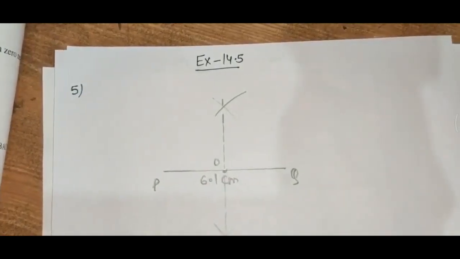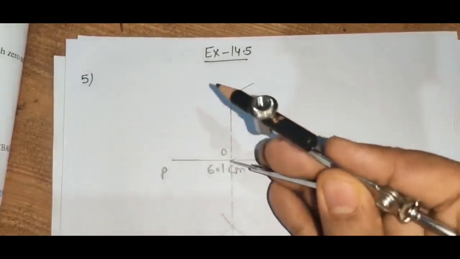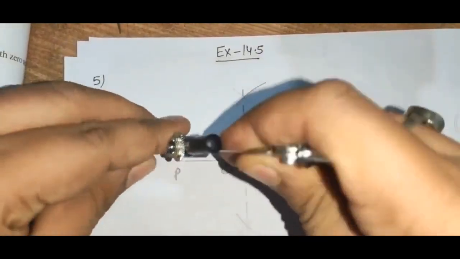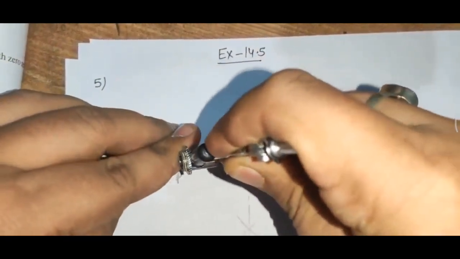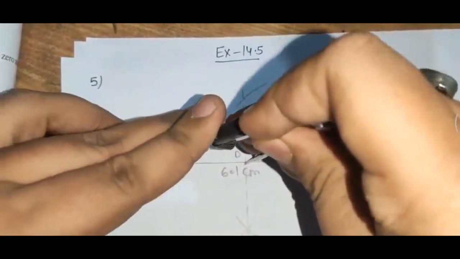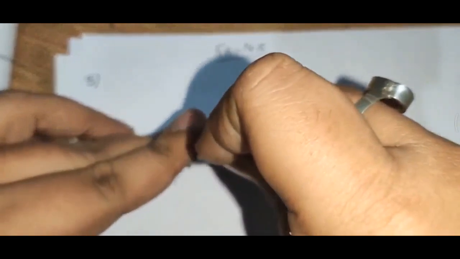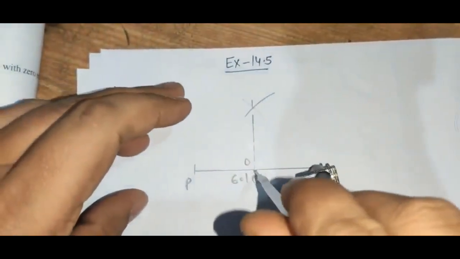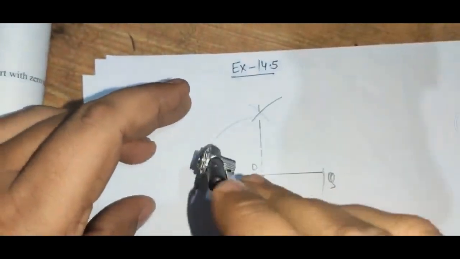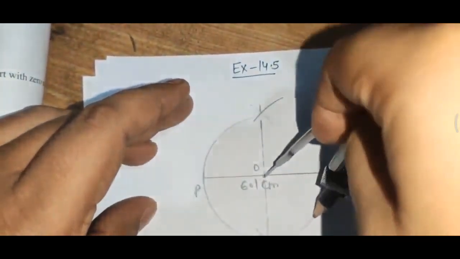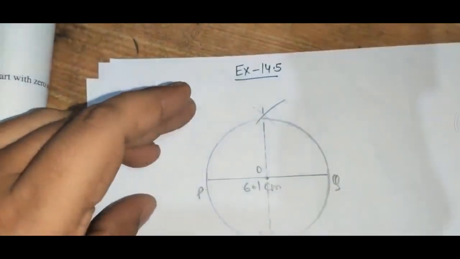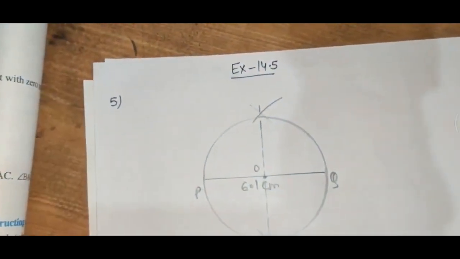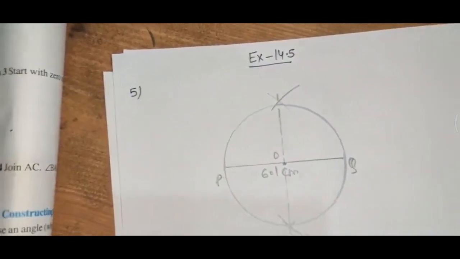This is O. Now we will take OP in our compass, and then we will make the circle. Now this is the required circle of diameter 6.1 centimeter.